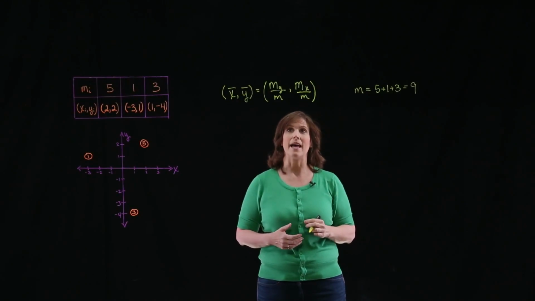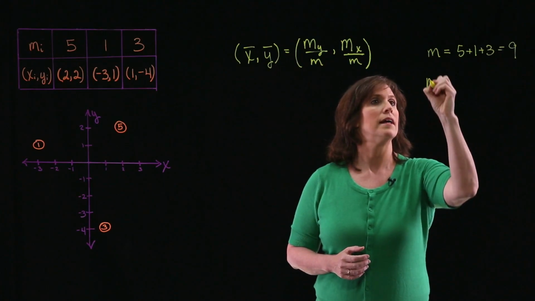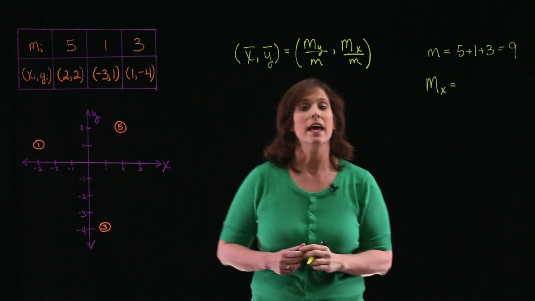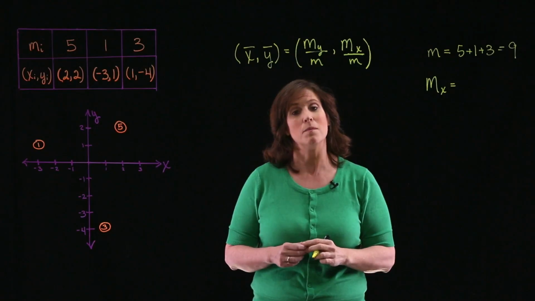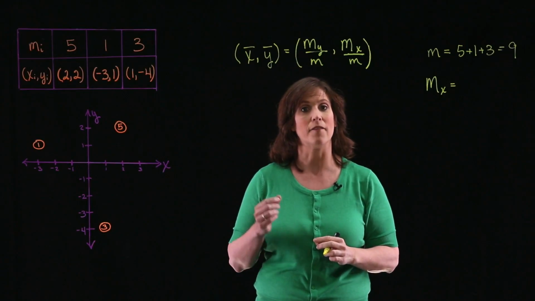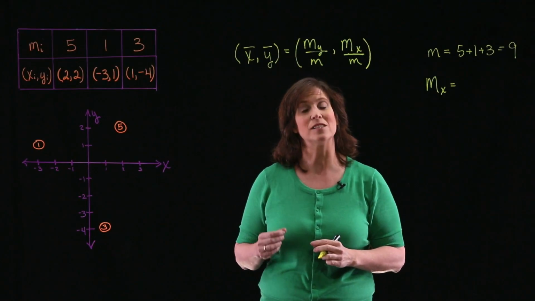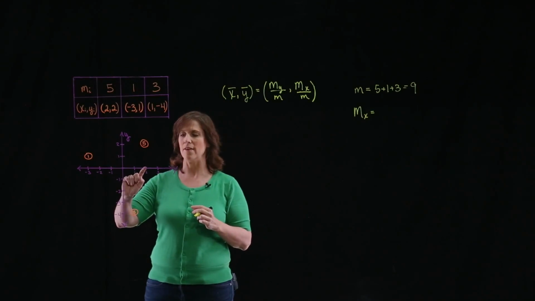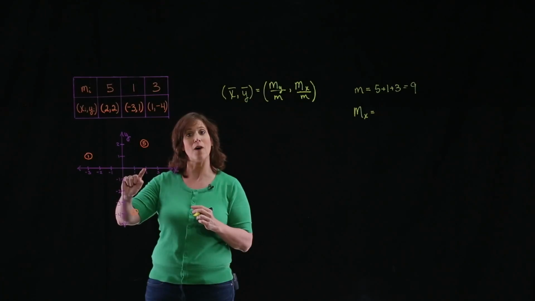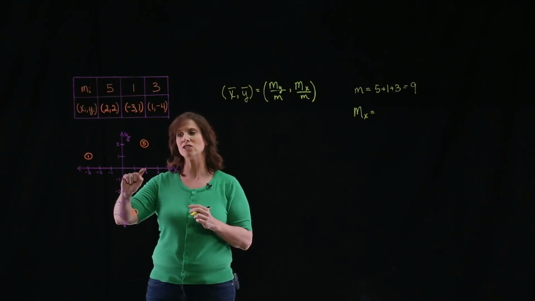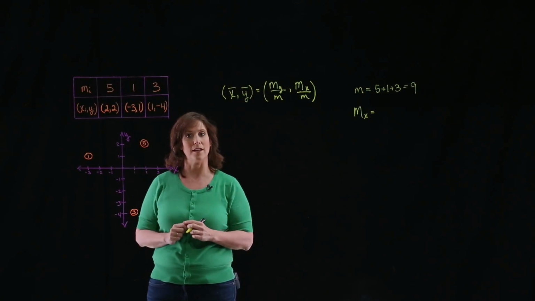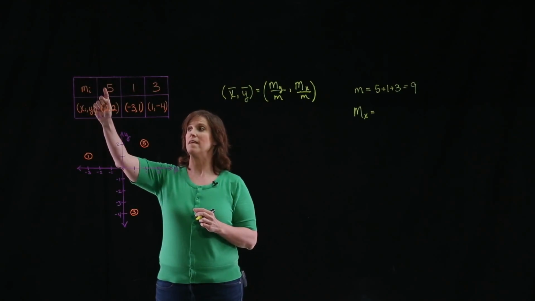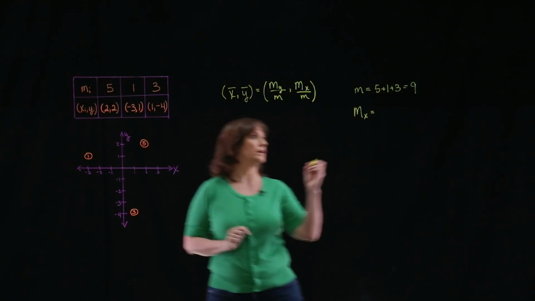The next thing I want to get is the moment. Let's do the moment about the x-axis first. Remember what I'm doing: I'm taking the product of the mass and the directed distance from the x-axis. Let's look at just one of these points. The directed distance from the x-axis is the y-coordinate of that point. So for my first point, I'll be taking 5 times 2.